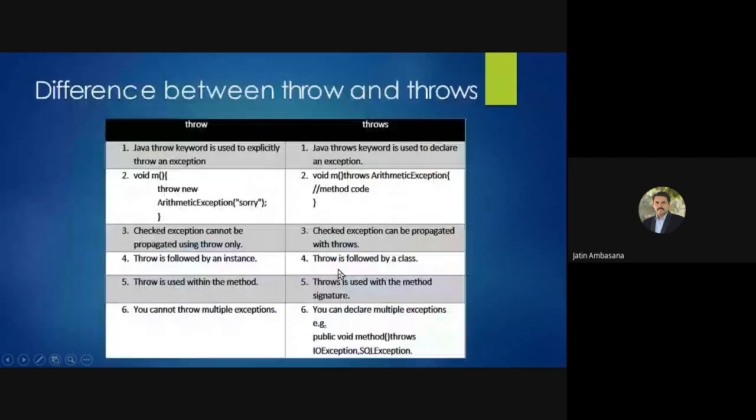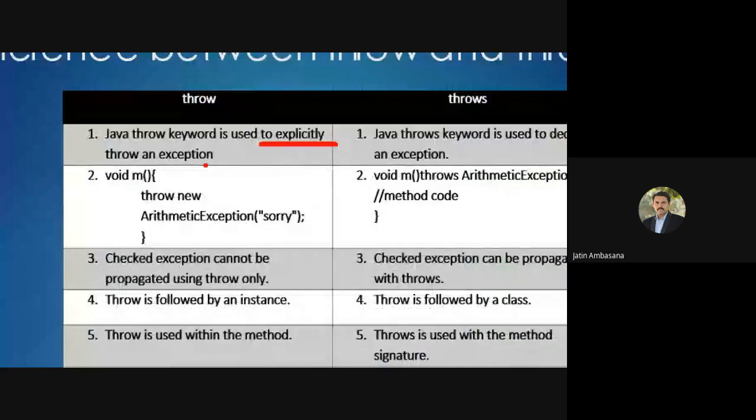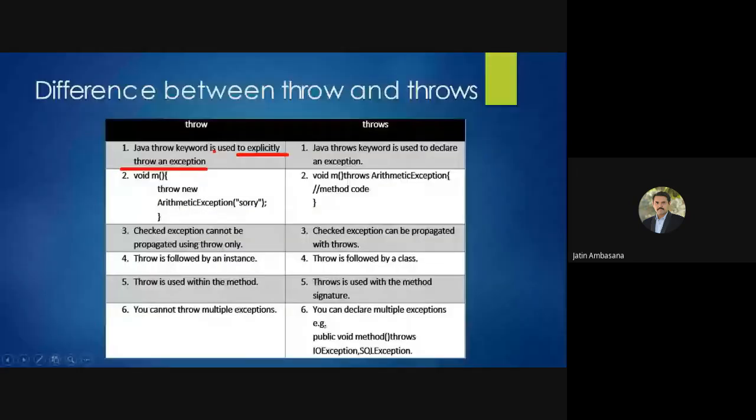Now let's see the difference between throw and throws. Throw is used when you want to explicitly throw an exception, your own exception or an exception with your own specific message. At that time, you use the throw keyword.